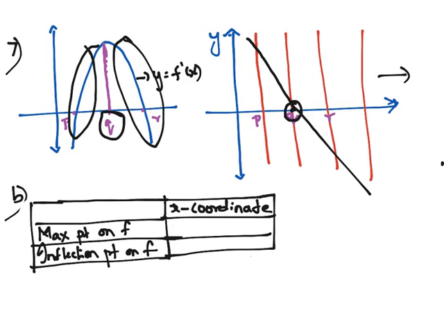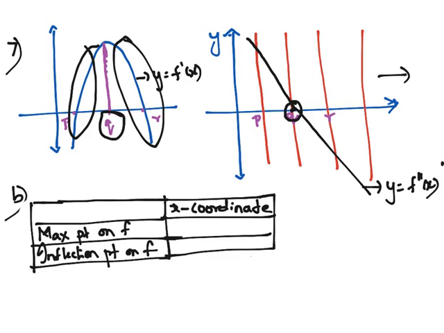Now complete the table. Maximum point on f. Now you have the graph of f dash of x, and this is the graph of f double dash of x. How can I find the maximum point on f?